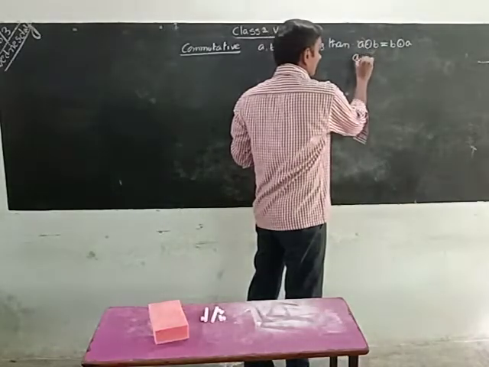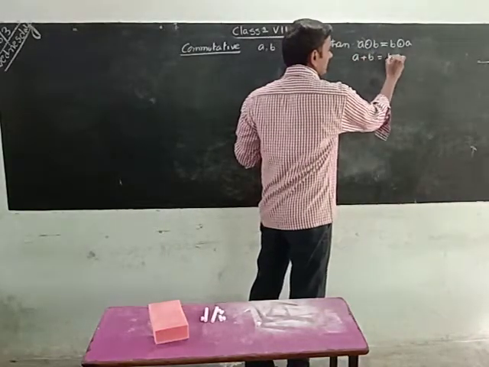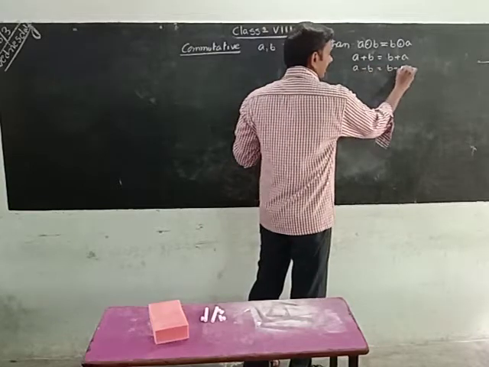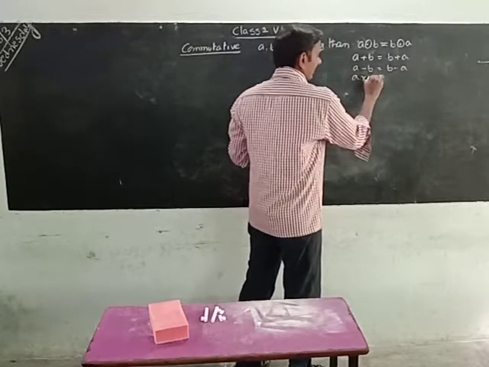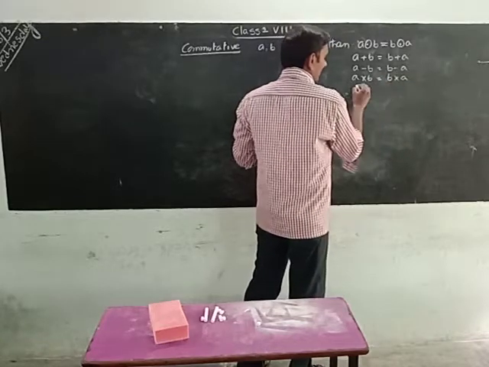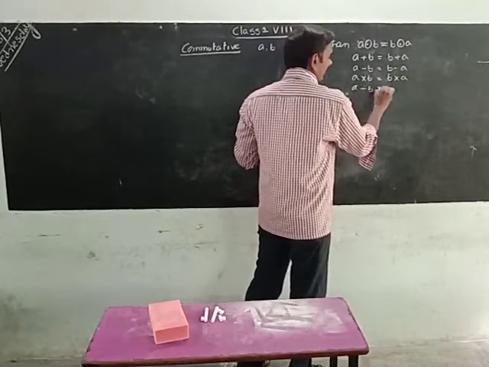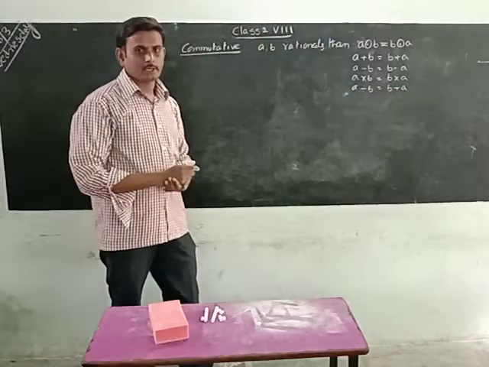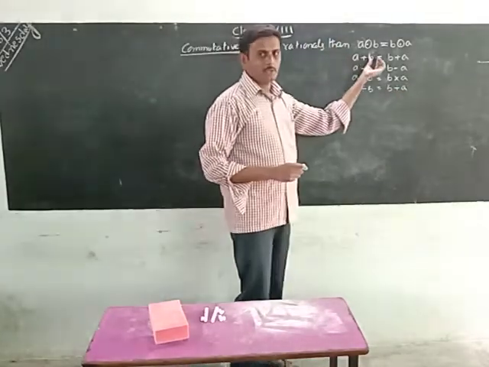That means we can check either a plus b equal to b plus a, or a minus b equal to b minus a, or a multiply b equal to b multiply a, or a divided by b equal to b divided by a. These conditions we have to check. First we will consider a plus b and change the order.